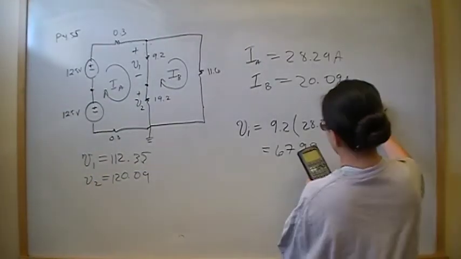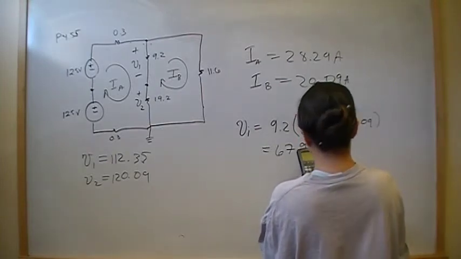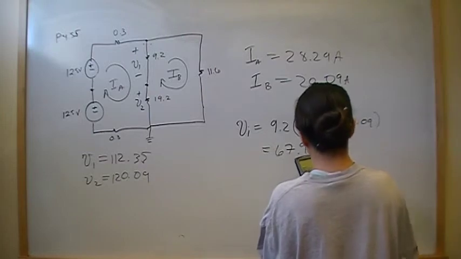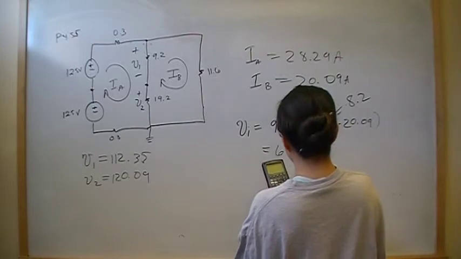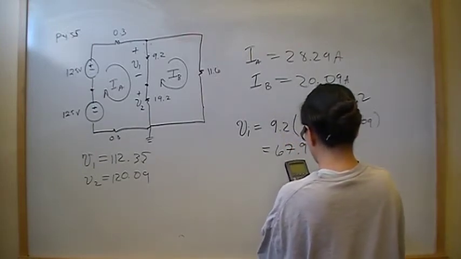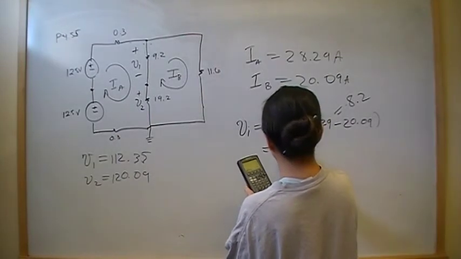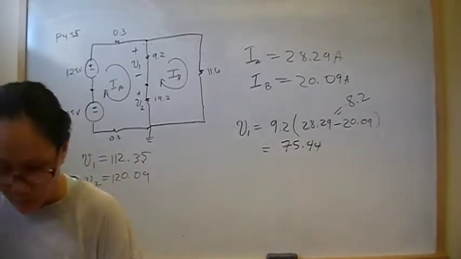This isn't 7.39. 28.29 minus 20.09 is 8.2. So times 9.2, this is 75.44. And that's what I got before.